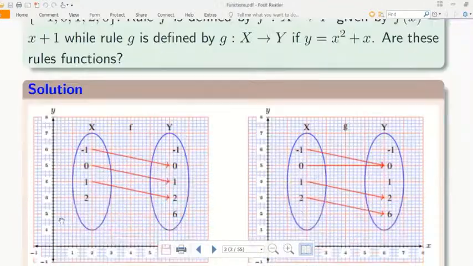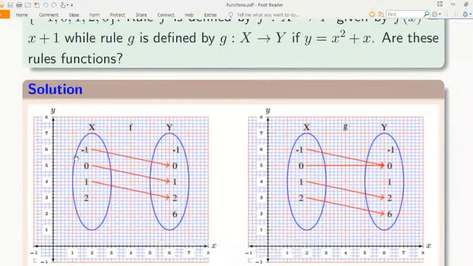So you realize that there is an object that has not been assigned to any element. By definition, f is not a function because we say that every element in X must be assigned a single element in Y.